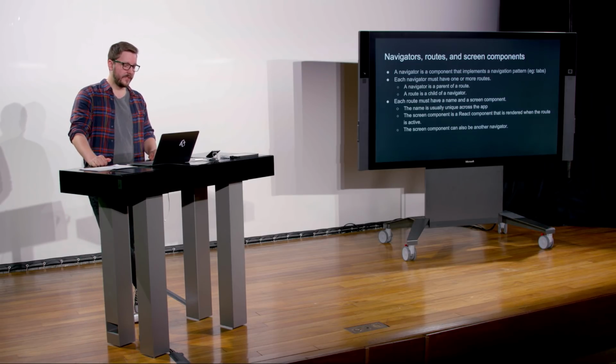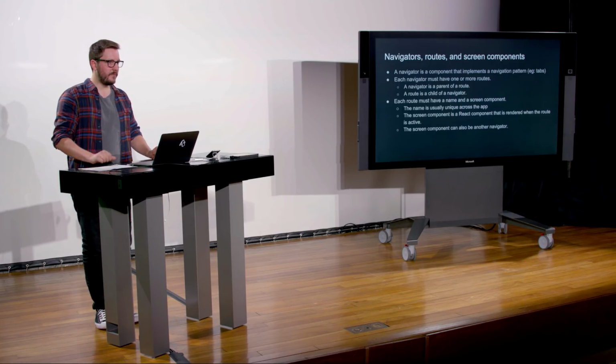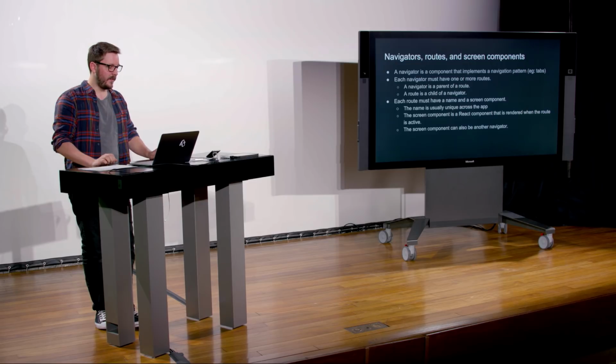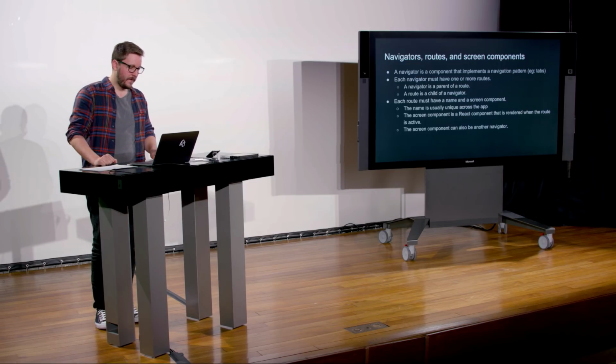So each route must have a name and a screen component. The name is usually unique across the app. That's a safe assumption to make, at least for now and the near future. When you get into some more complicated use cases, it may not be true, but you will hopefully have the intuition at that point to understand why that is the case.